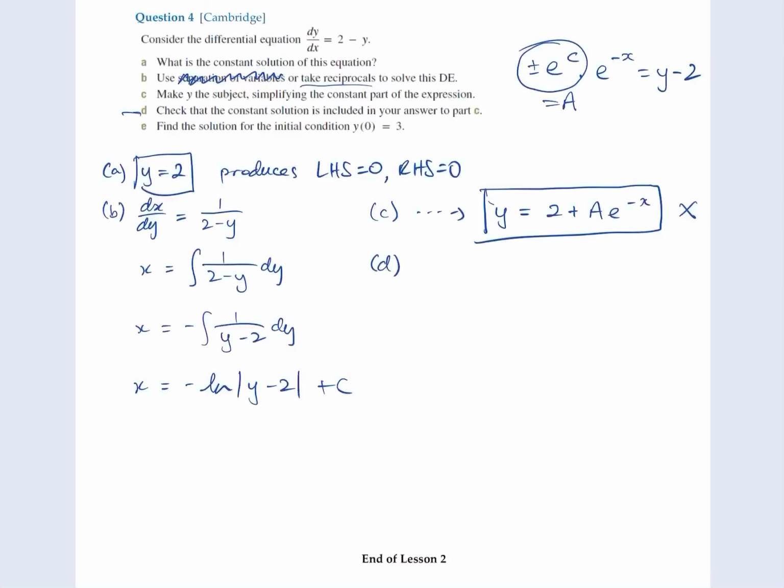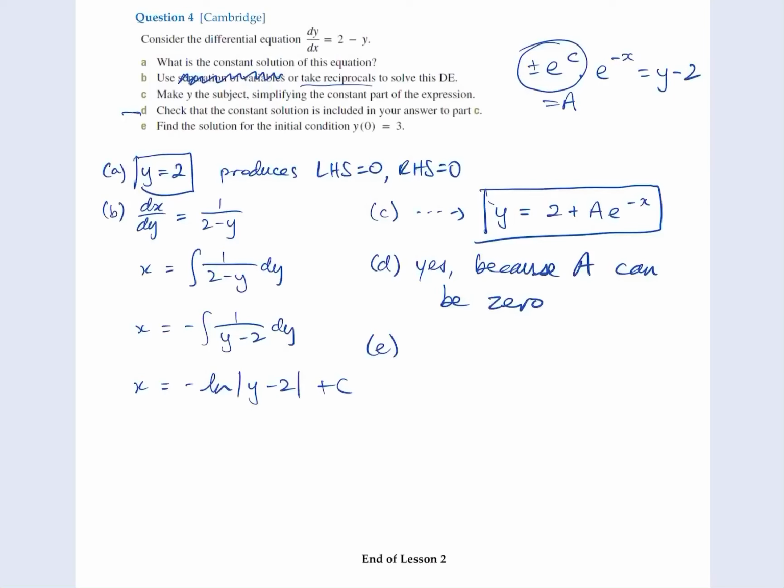You cannot get y equals 2 from the expression y equals 2 plus a e to the negative x, unless a was 0. All right, I take that back. Yes, because a can be 0.